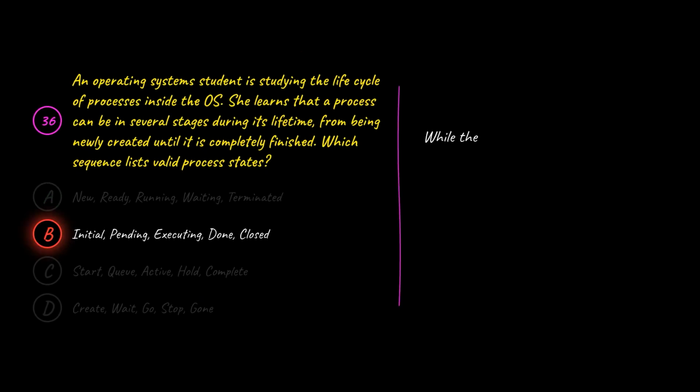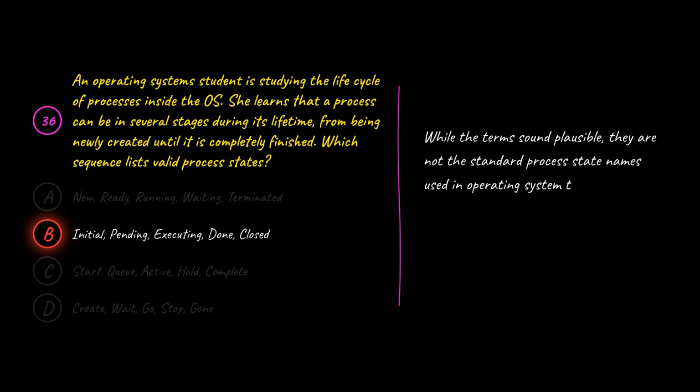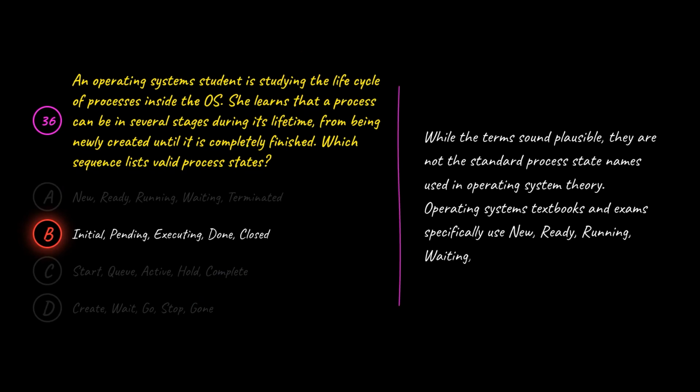B is wrong because while the terms sound plausible, they are not the standard process state names used in operating system theory. Operating systems textbooks and exams specifically use new, ready, running, waiting, and terminated as the official states.